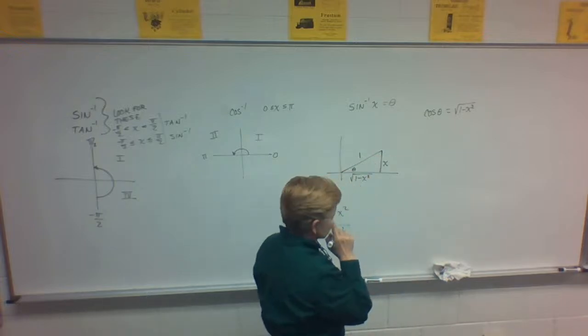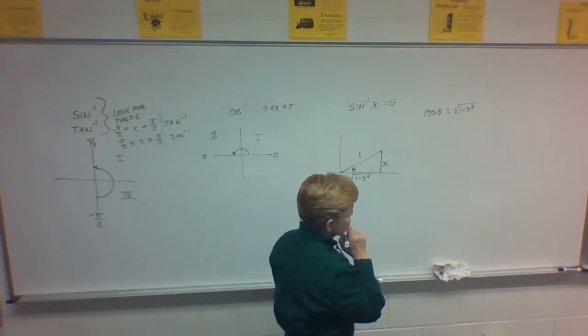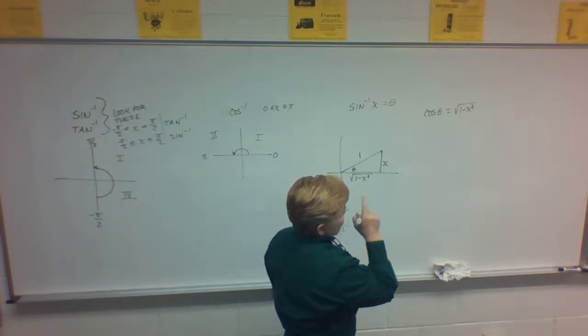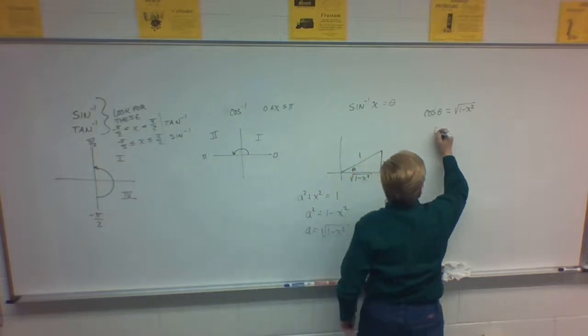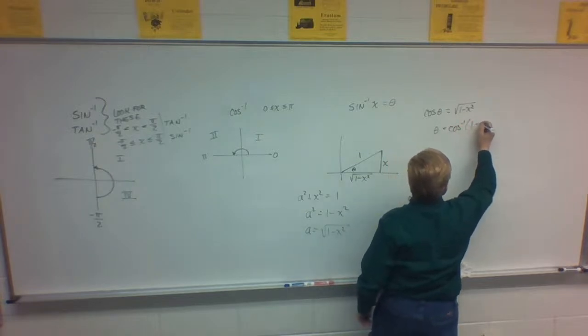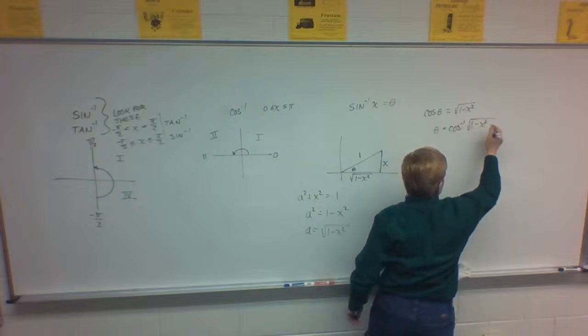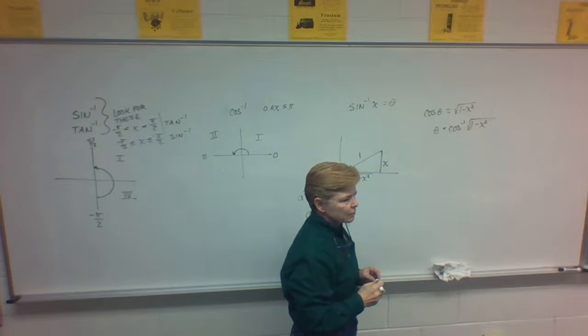Cosine of theta is adjacent over hypotenuse, and adjacent over hypotenuse is just adjacent because the hypotenuse is 1. That means if I solve for theta, theta is equal to the inverse cosine of the square root of 1 minus x squared, because I took inverse cosine of both sides to get theta by itself.